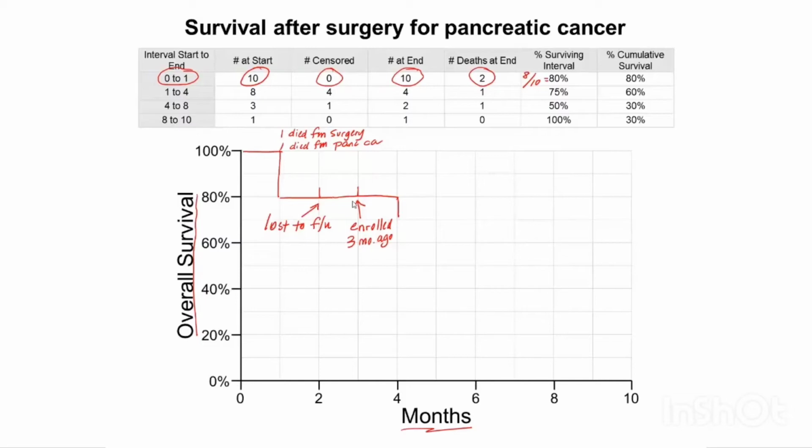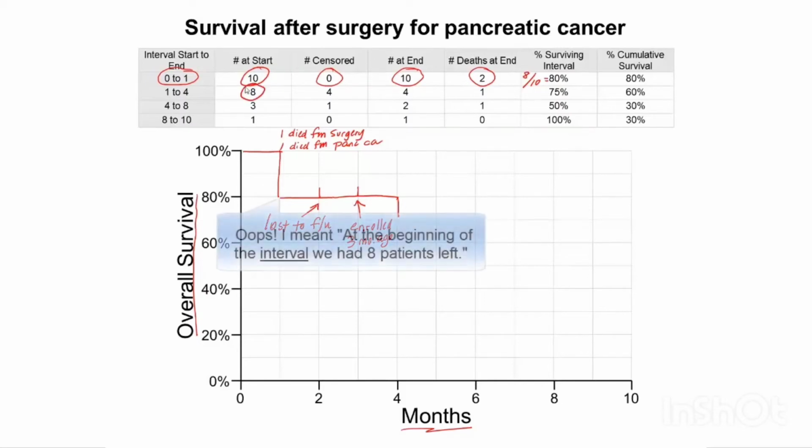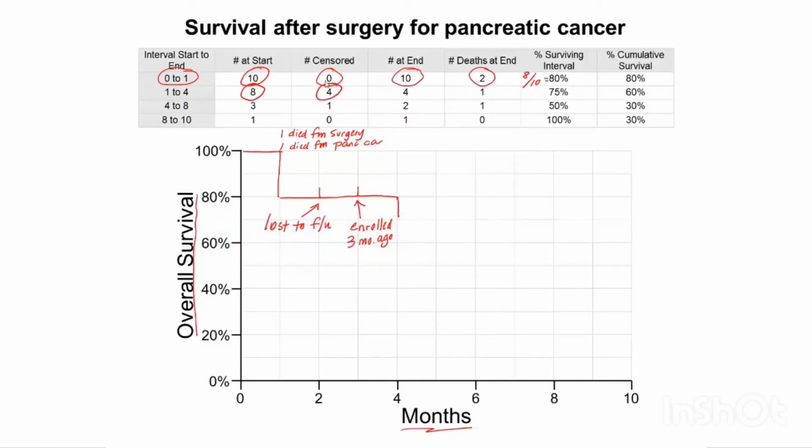All we know is that patient, at the 3-month mark, was still alive. We don't know anything after that. And you'll notice that at the beginning of this interval, we had 8 patients left, and 4 were censored: 1 lost to follow-up, 1 that enrolled 3 months ago, another one that enrolled 3.5 months ago, and another patient lost to follow-up.